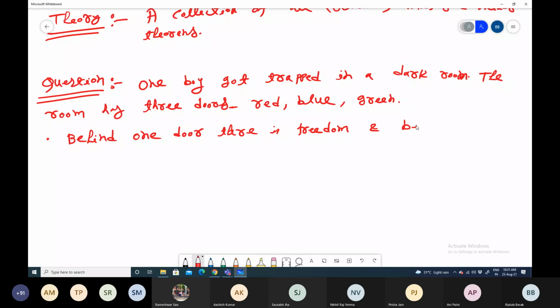And behind other 2 doors, there is a death. So it is only freedom, either you will get a freedom or it is a death. Okay. So we do not know behind which door we have a freedom.